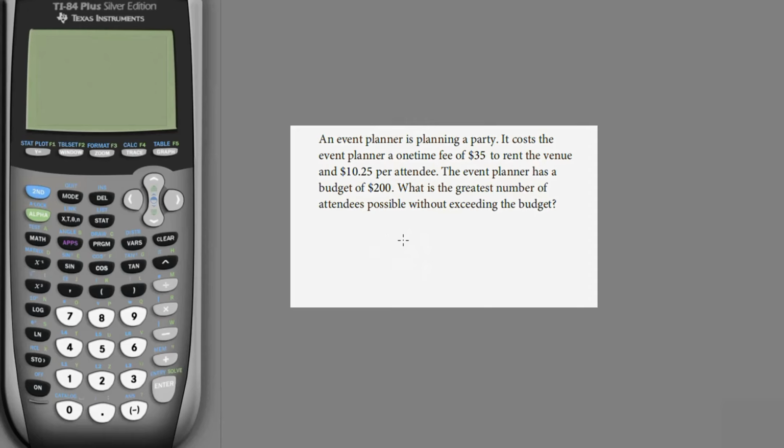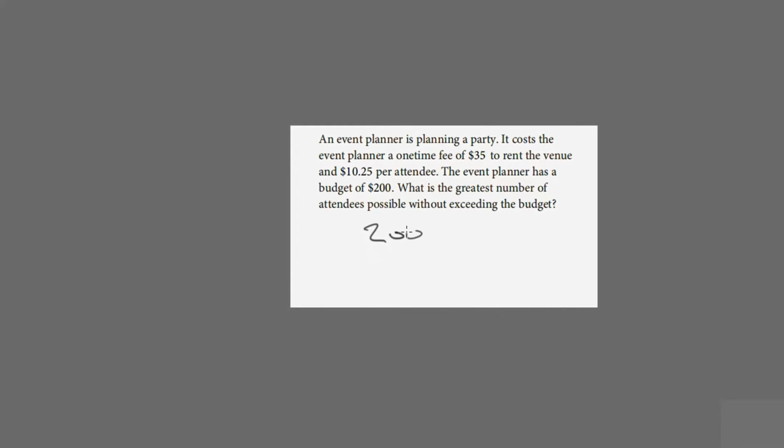So for the question, firstly, you need to subtract this $35 from $200 and see what will be left. $200 minus $35, what you have left will be $165, right?